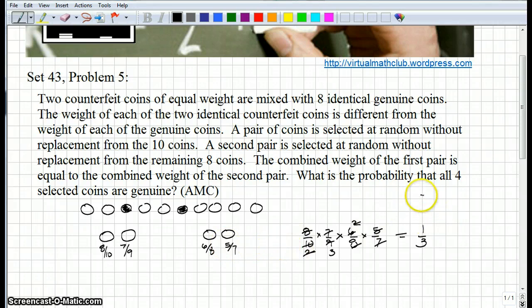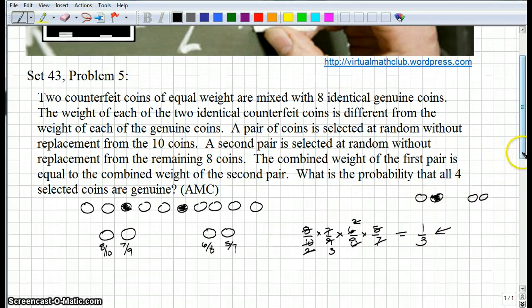Like if we drew a genuine and a counterfeit, and then 2 genuine, those would not weigh the same, so we don't want to include that in our probability, even though it would be included in this probability. So this is the probability out of the total.